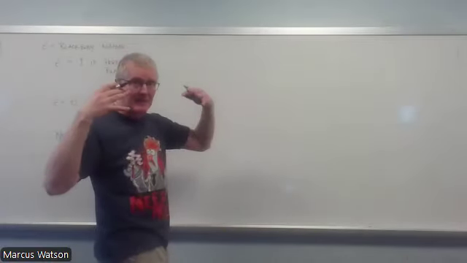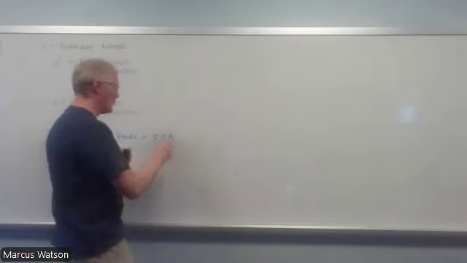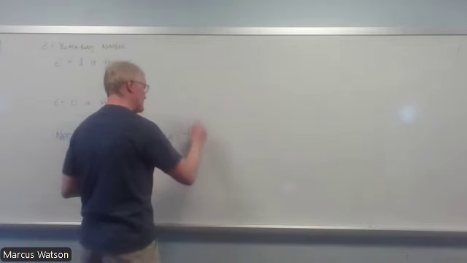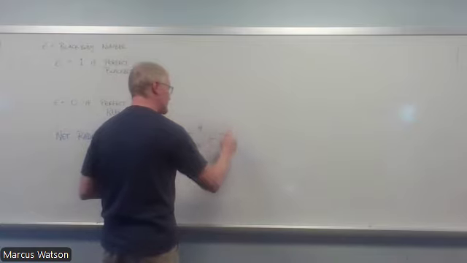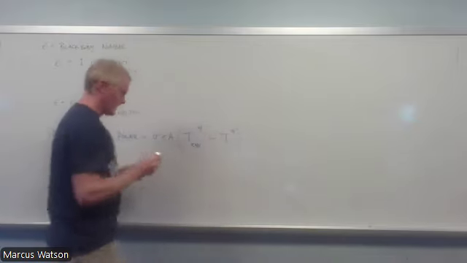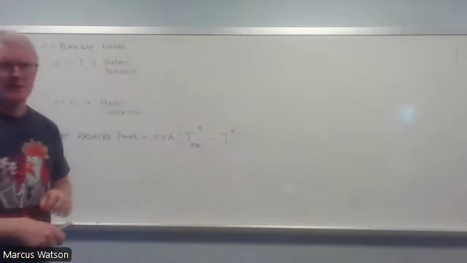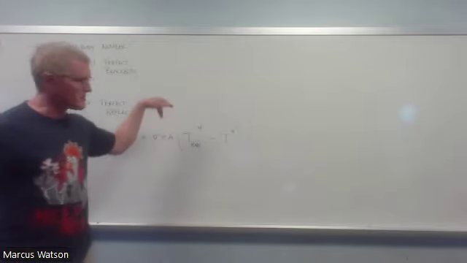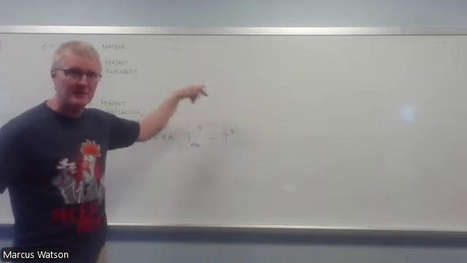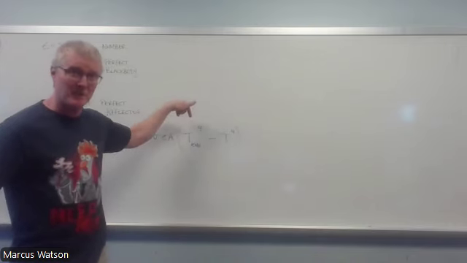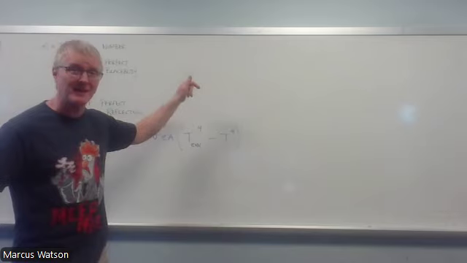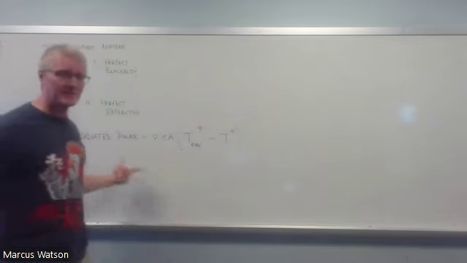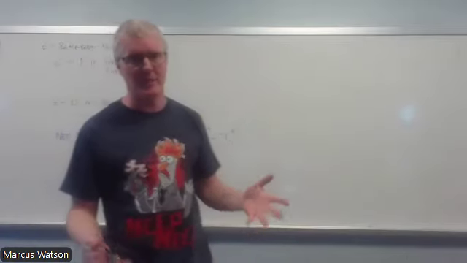Plus, I'd be gaining from everything else around me, and we'll call that the environmental temperature. So I'll call that T environment to the fourth minus my temperature to the fourth. Whether this number of net radiated power turns out to be positive or negative depends on, am I receiving more than I'm giving off? Am I giving off more than I'm receiving? And then the sign of the net radiated power will let you know, is it a plus or a minus?